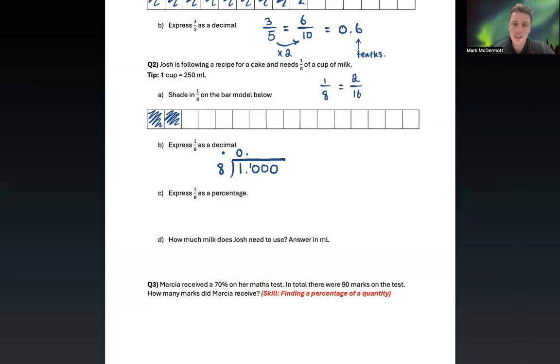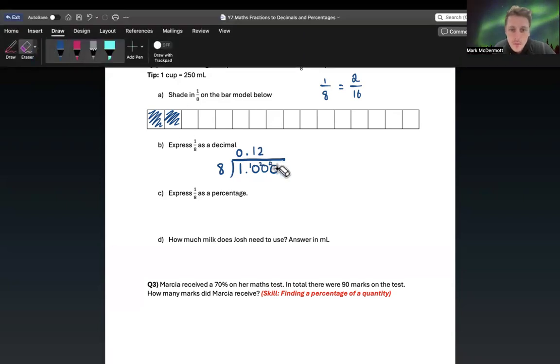Okay, how many times does 8 go into 10? Well, it goes in once with remainder 2. Okay, how many times does 8 go into 20? Well, it goes in 8, 16, so it goes in twice, remainder 4. And that's a bit squished in, I might draw that a bit better.